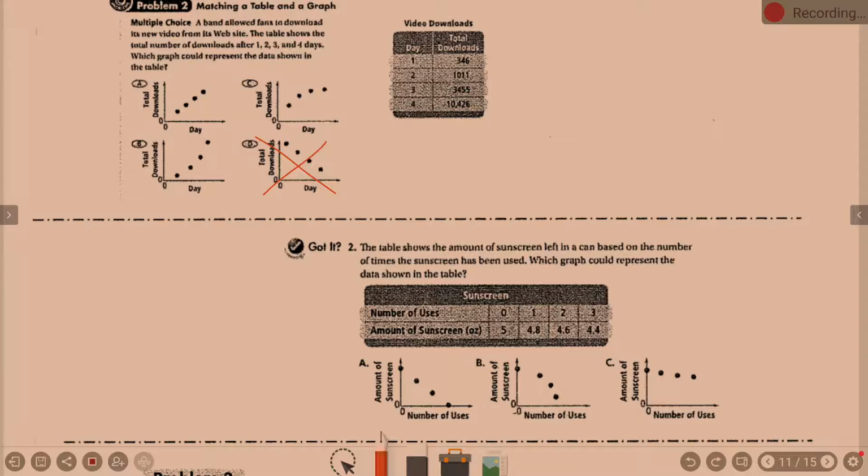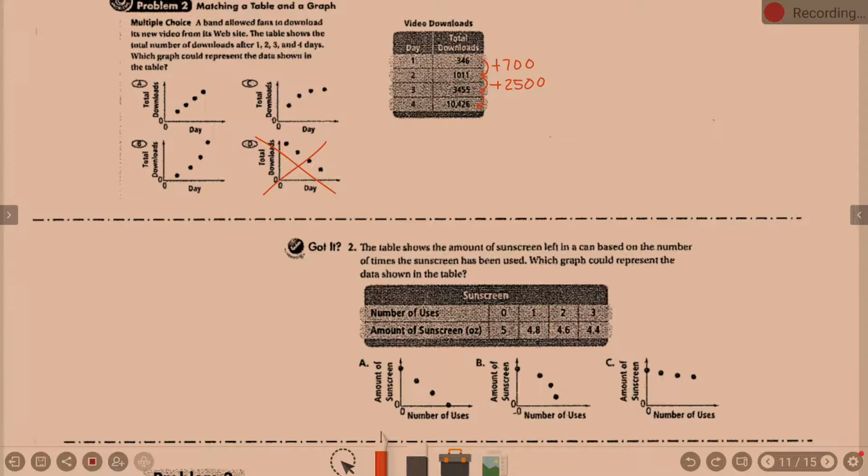Okay, and so this is where we need to look, and I'm just going to estimate. There's 346 to 1,100. So if we say 300 to 1,000, that's increasing by approximately 700. And then 1,000 to almost 3,500, and that's increasing by 2,500.